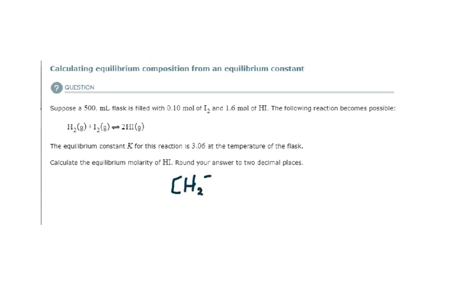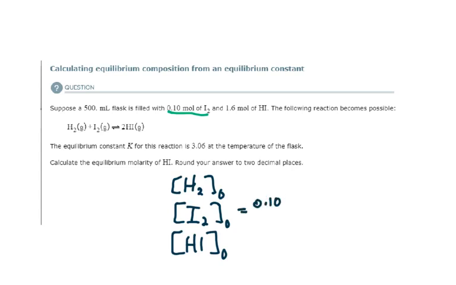For H2, for I2, and HI. So I'm going to put a little not symbol there to indicate initial. So initial bracket concentration for each of the three substances. The initial concentration of I2 is going to be the number of moles of I2 divided by the volume in liters that it's occupying.